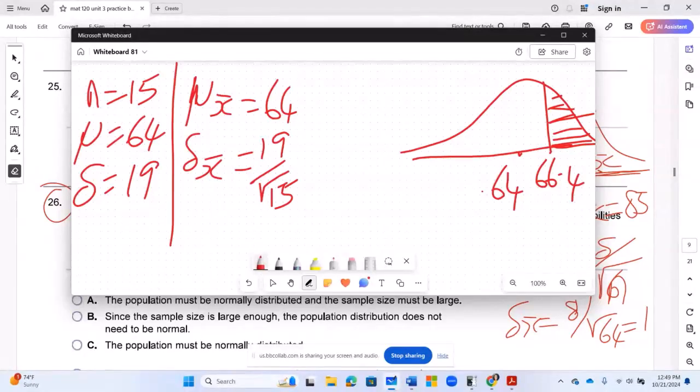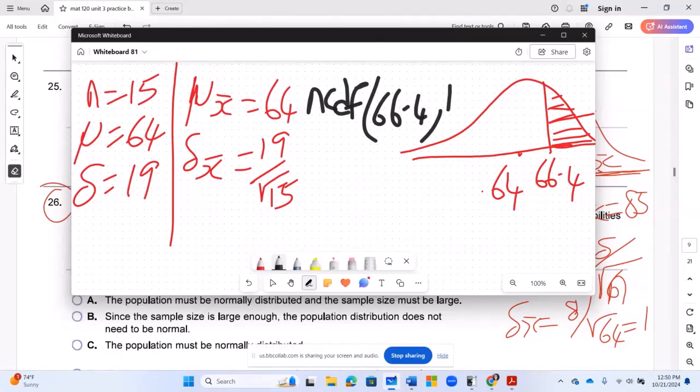So let me write the argument I would use to tell my calculator. That argument is normal cumulative density function. The lower bound is 66.4. The upper bound is 1e to the power 99.